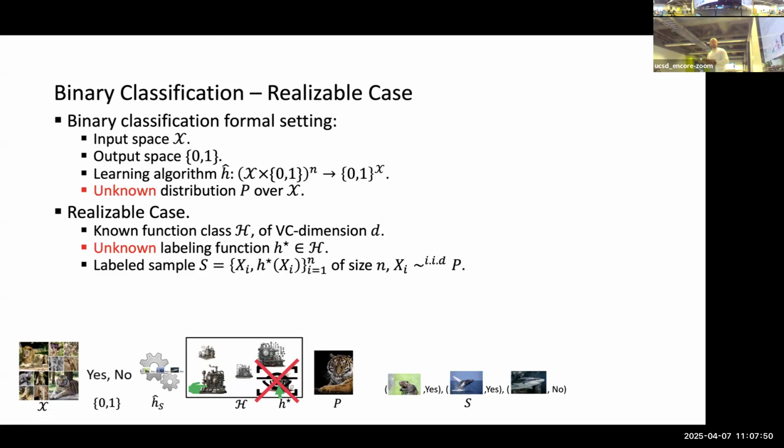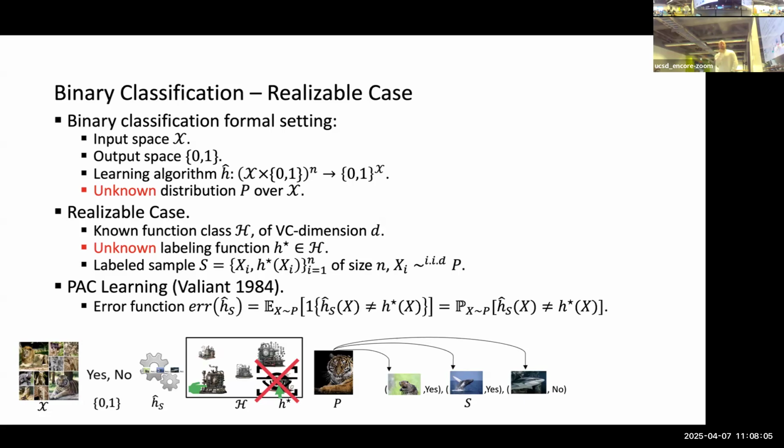The assumption is that this training data set was obtained by drawing each of the x_i's IID from this distribution P. Okay. So this generated the training data set, and for the most part of this talk we're looking at the PAC learning setup, dating back to the 80s. Here, what we care about is the so-called error of the hypothesis we output, the prediction algorithm we output.